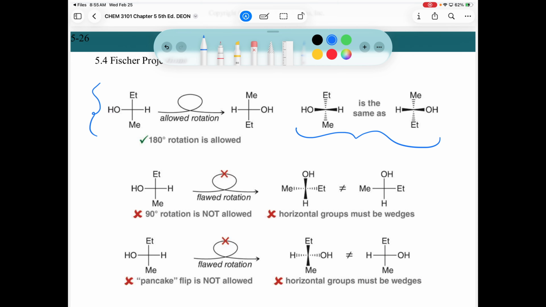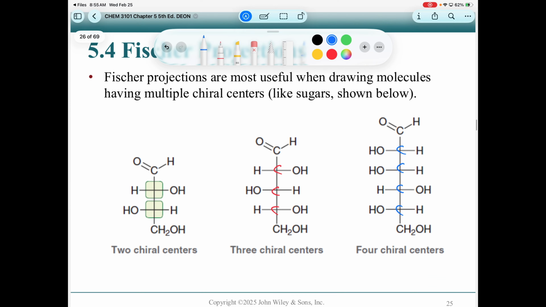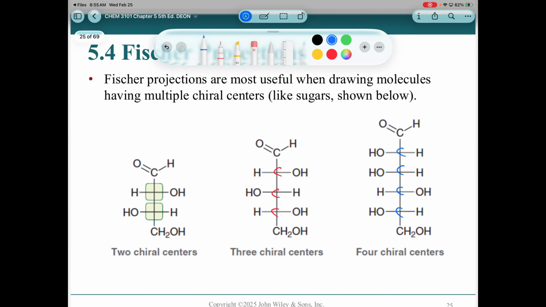Now, Kai, to weave in your point there, look, you guys, don't panic about it. Don't be like, oh no, I'm only allowed to do certain things, this is going to be so difficult. No, it won't be, okay? It's totally reasonable. Kai, let me give you more background on the question you asked. Normally when we're designating the chirality of a chiral center on a sugar, you notice that at the top you have these carbonyl groups.